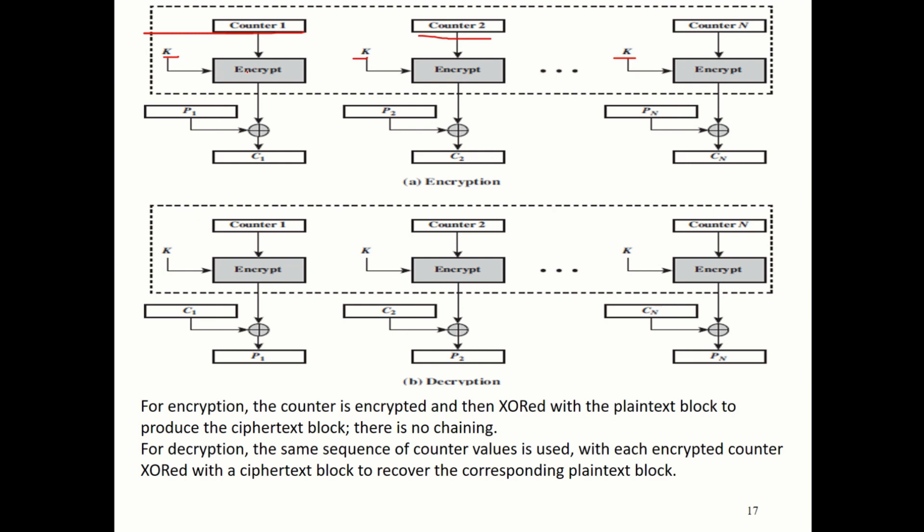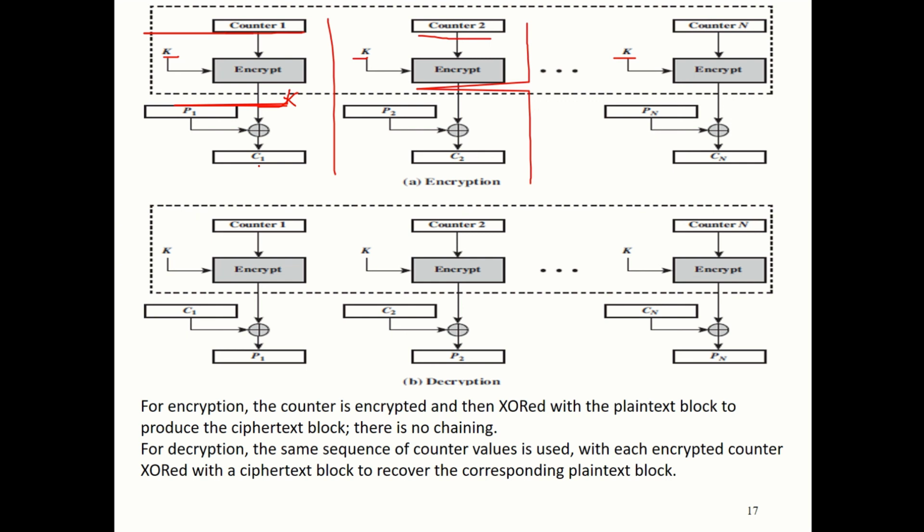But after the encryption, there's separation. They are not depending on each other. They're separate. After the encryption, the output will be XORed with the plain text. So there is no initialization vector, and there's no output going to the next stage. Each one is separate.